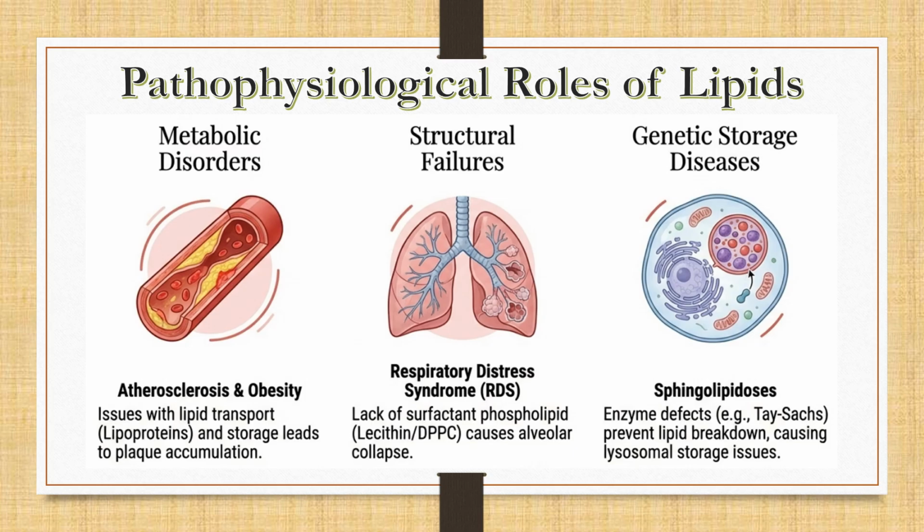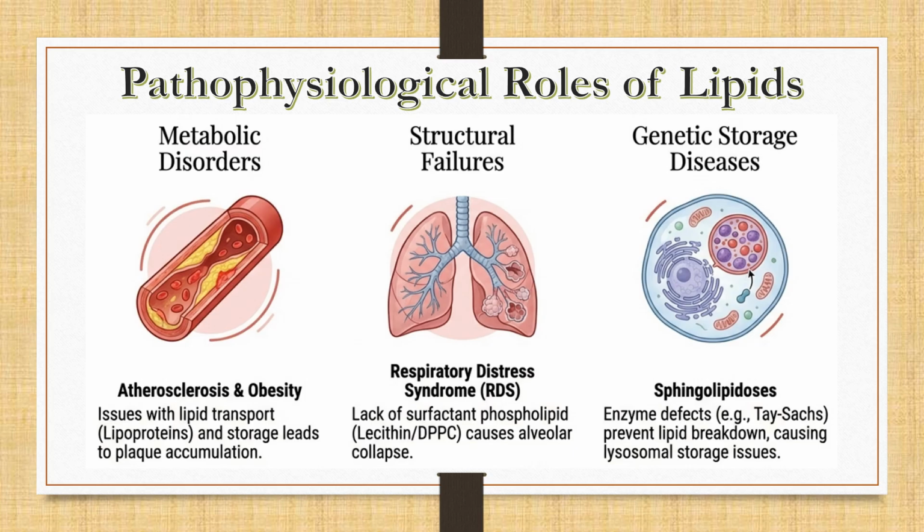Defects in sphingolipid metabolism are associated with neurodegenerative and lysosomal storage disorders. This highlights the importance of lipids in nervous system integrity. Altered membrane lipid composition can also affect neuronal signaling and survival.